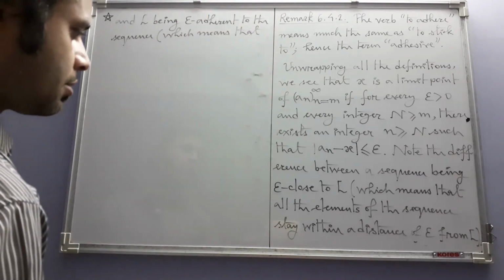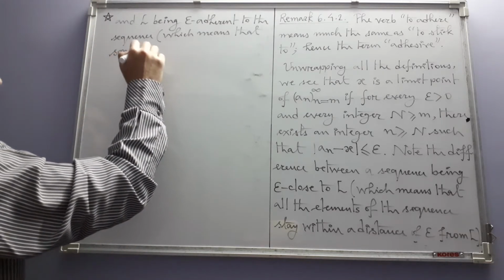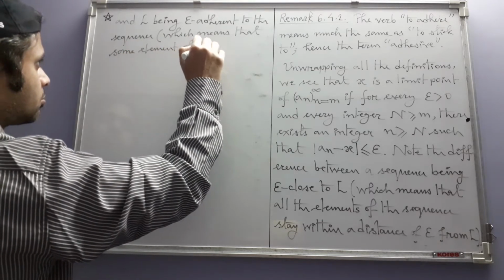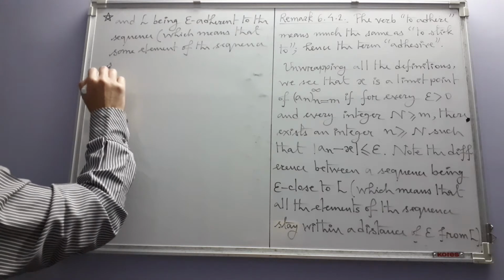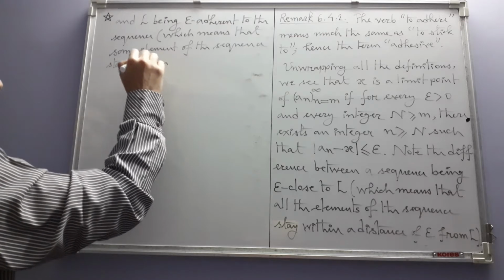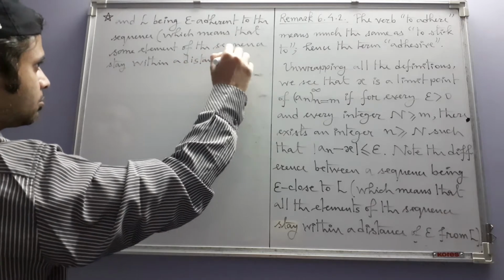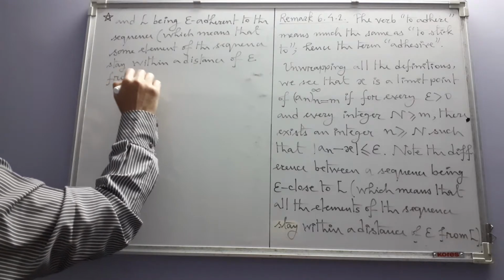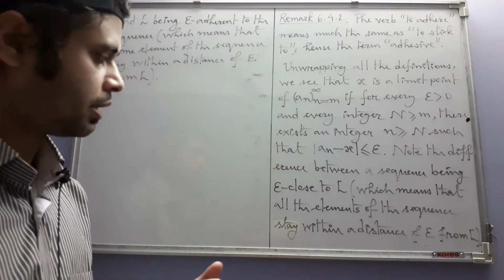Which means that some element of the sequence stays within a distance of epsilon from L. So the difference is in the quantifier.